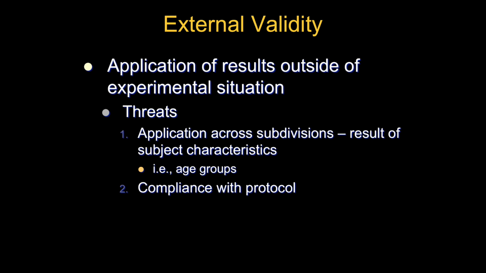So finally, we have external validity. And external validity is simply taking the results, the findings of the study, and trying to apply them to the population as a whole. So can I take the results that I found in my sample population and apply them to the remainder of the population?